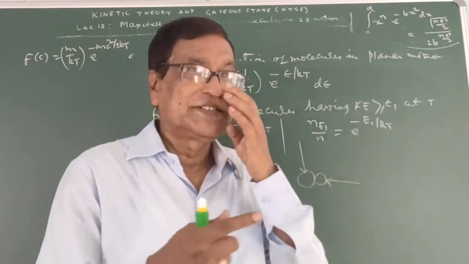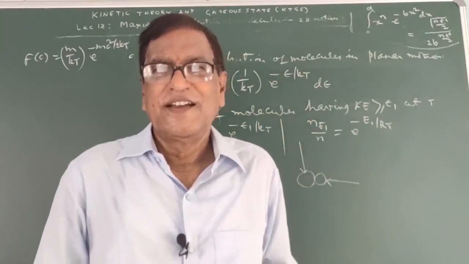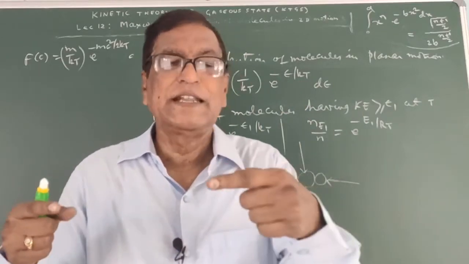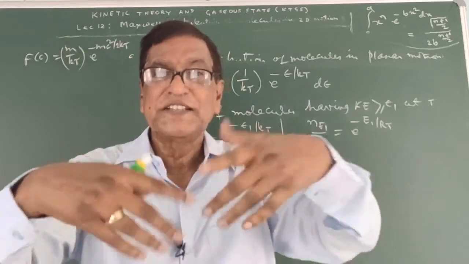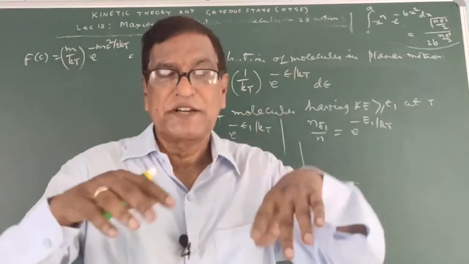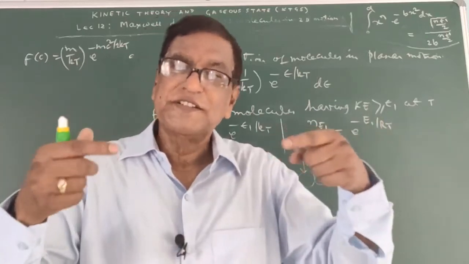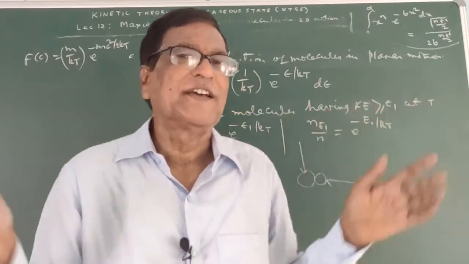You can see on the stage, two persons may collide. But if three persons, one here, one here, one here, collide at the same time, three persons giving a thrust at the same time, it is very, very rare.